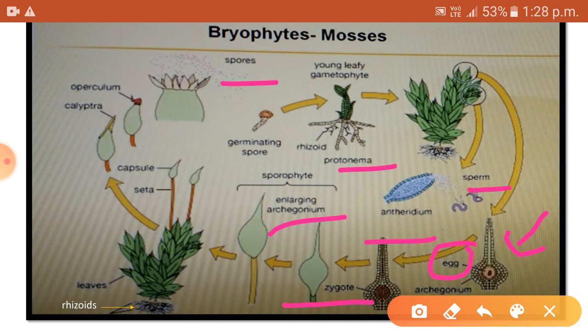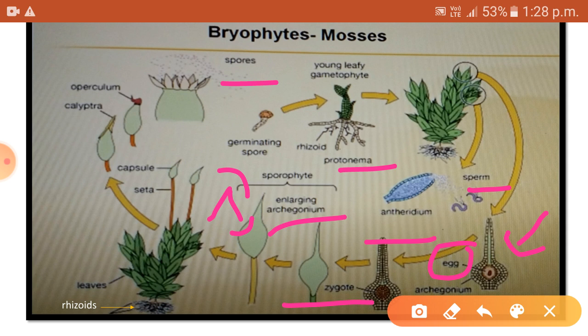The nuclei of the sperm and the egg fuse to form zygote inside the archegonium. The archegonium enlarges into a capsule or sporangium, which produces spores. So you can see here. This is called the sporophyte.